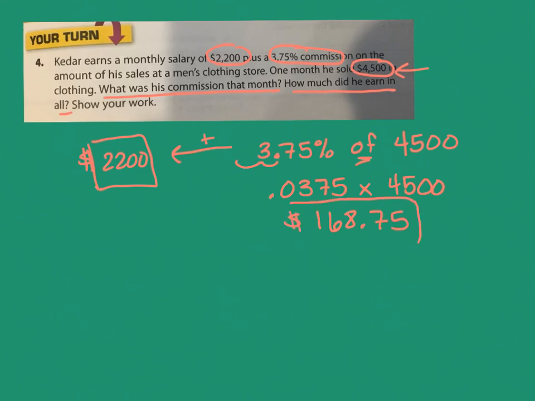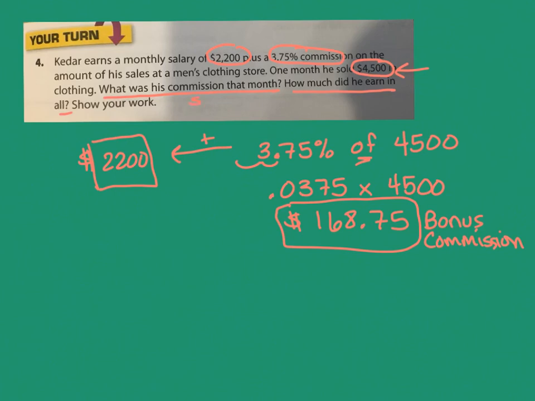So this is his bonus on this. So the commission he made that one month where he had all of the sales, that he did a good job on sales and they paid him the commission, $168.75 extra on top of the $2,200 that he had already earned. So let's find out first, what was his commission that month?